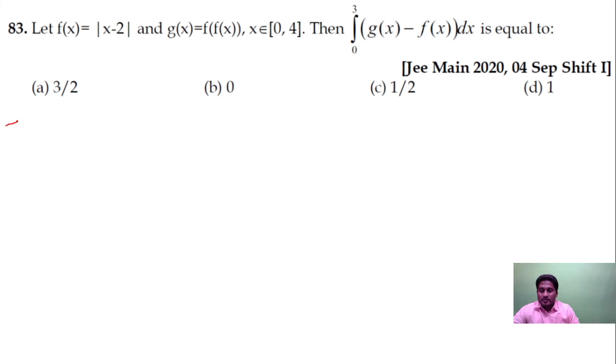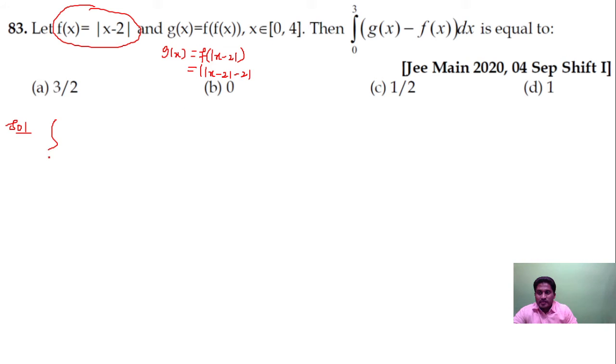Okay, now let's move to the next question. What is g of x here? g of x is equal to f of f of x, and f of x is equal to mod of x minus 2. Again, f of mod of x minus 2, if I use this original function, it will be equal to mod of x minus 2 minus 2.